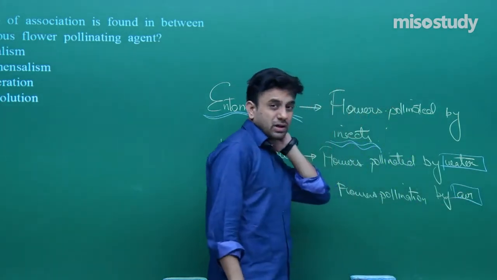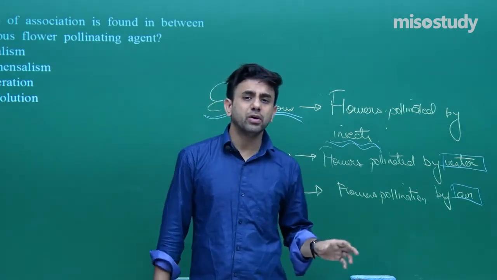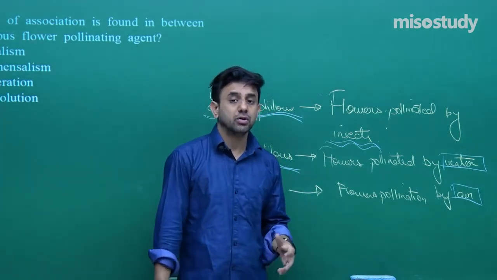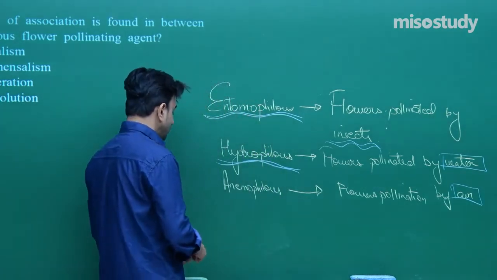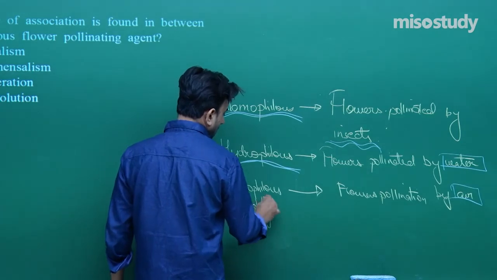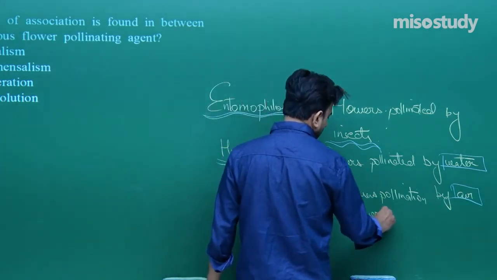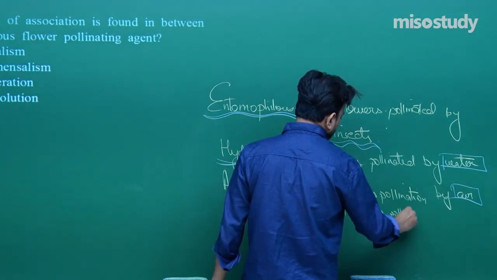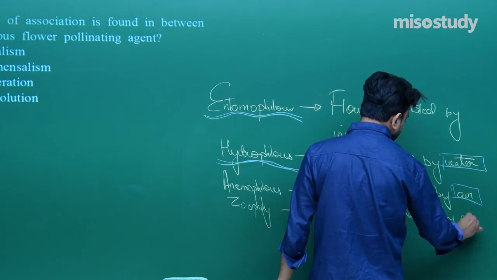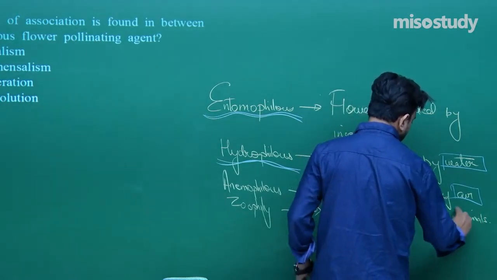Similarly, they can be zoophily, ornithophily, depending on whatever the pollinating agent is, we will give the term. Zoophily is when the flowers will be pollinated by animals.